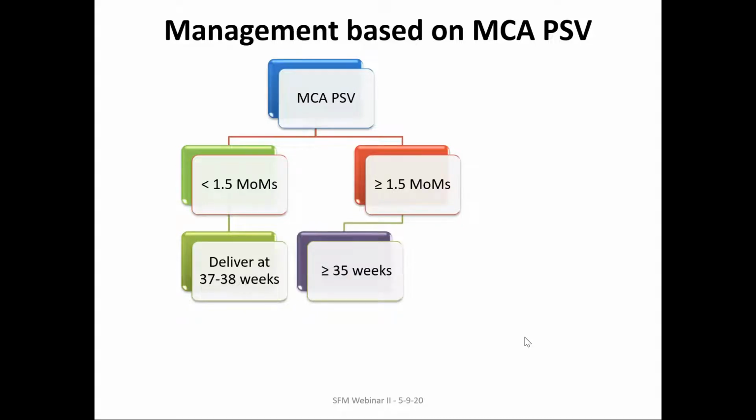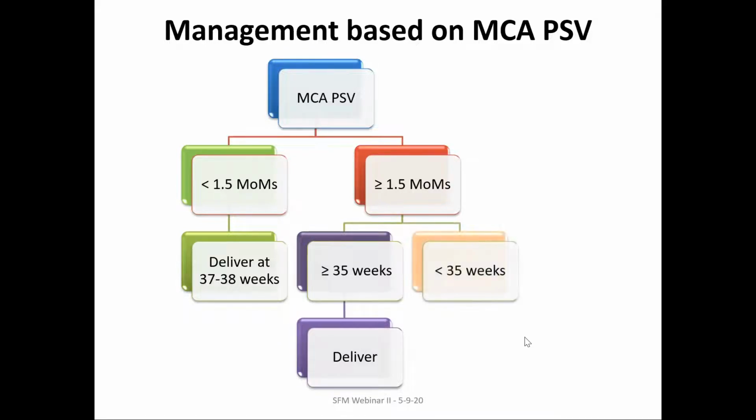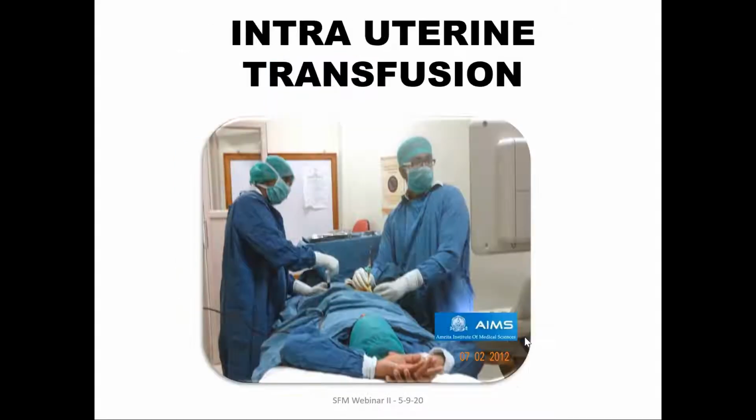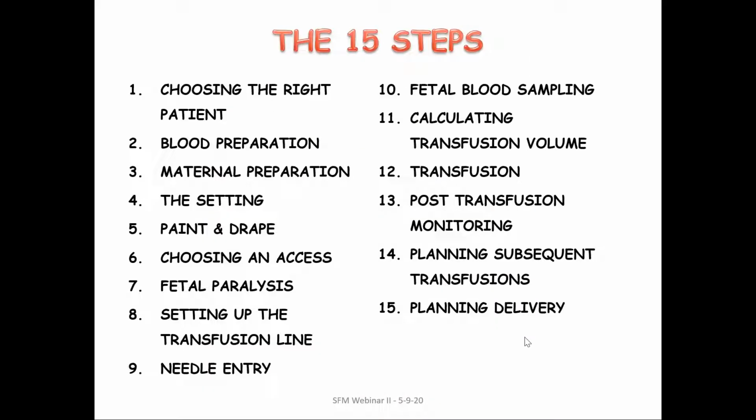Then you look at the gestational age. If she's already crossed 35 weeks, you can deliver her without a doubt. But if she's below 35 weeks, that is the indication for a fetal intervention in terms of an intrauterine transfusion to try and rescue this fetus from the effects of alloimmunization or hemolysis.